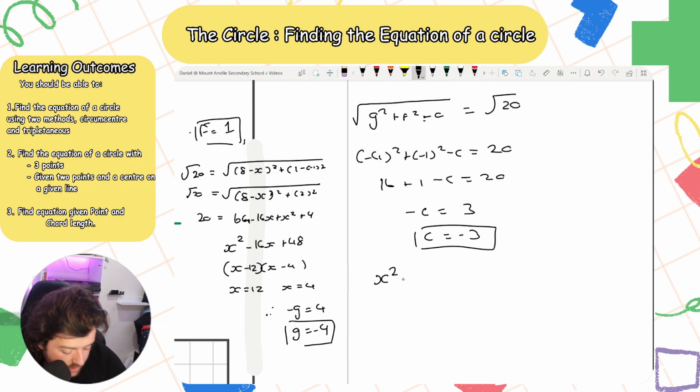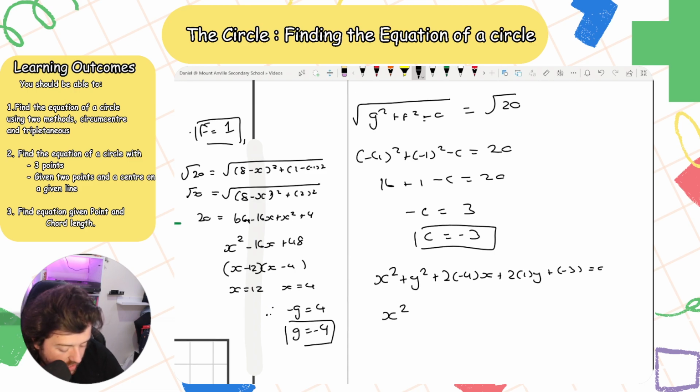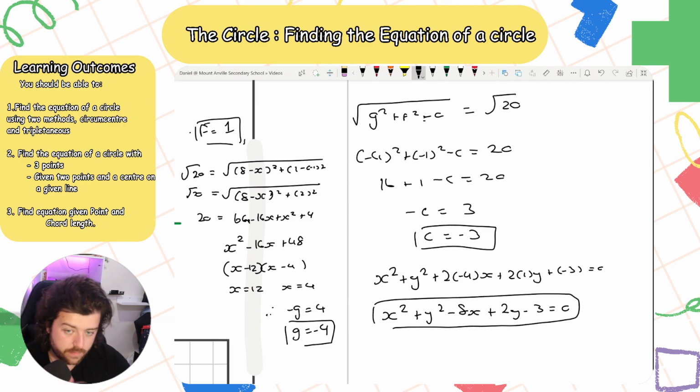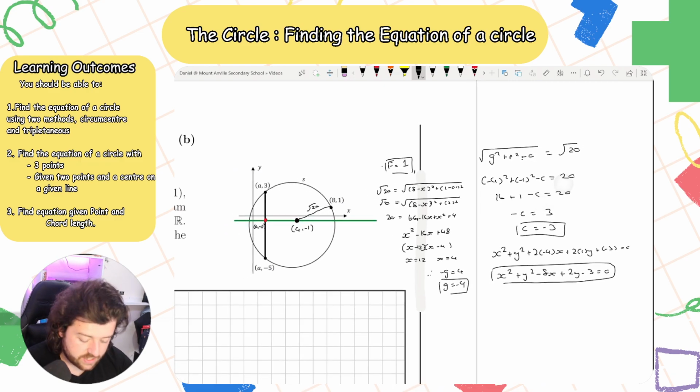So it's going to be x squared plus y squared plus 2 times minus 4x plus 2 times 1y plus c, which is minus 3, equals 0. My equation of the circle is x squared plus y squared minus 8x plus 2y minus 3 equals 0. And that's the equation of that circle there.